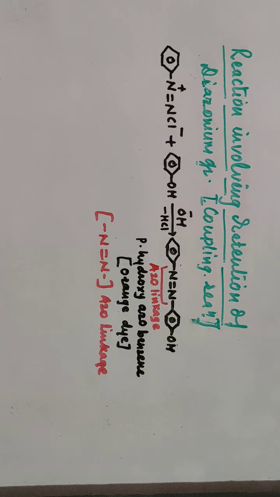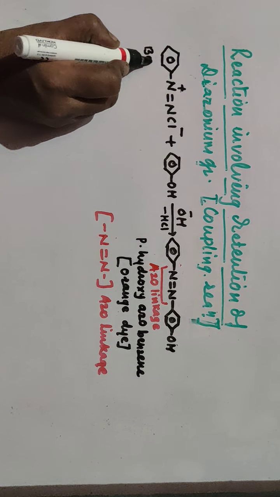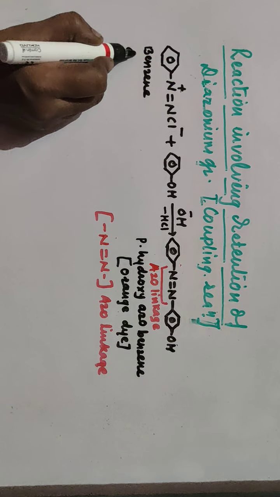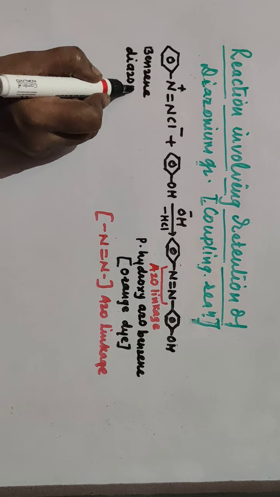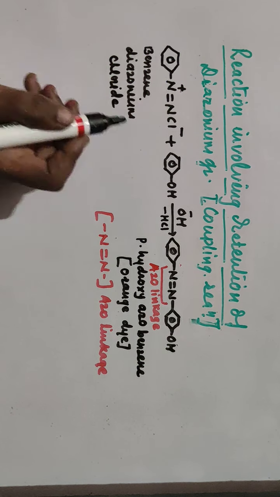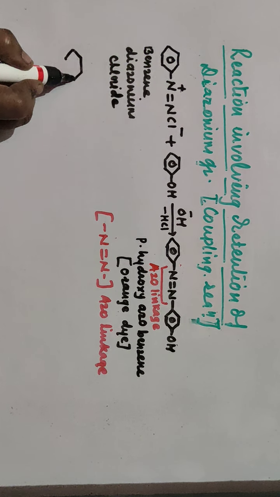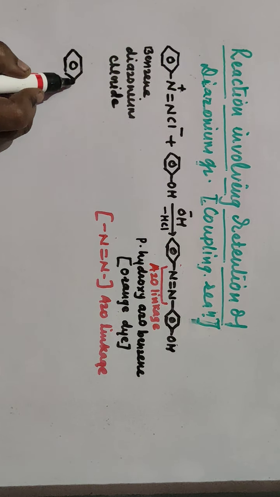We'll take one more reaction in which again benzene diazonium chloride, C6H5 N+ N Cl-, reacts with aniline C6H5 NH2, again in alkaline medium.